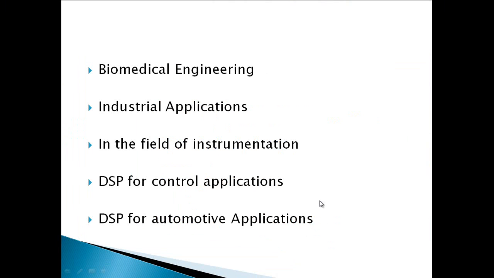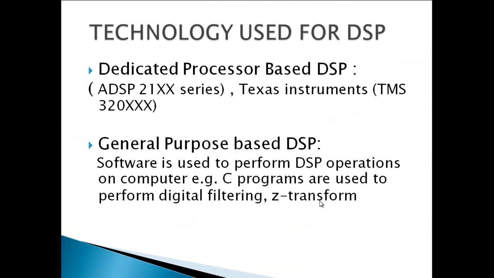Now, after applications, next let's see the various technologies that are used for DSP. One is the dedicated processor based DSPs. Either dedicated processor based DSPs are used, or general purpose based DSPs are used.